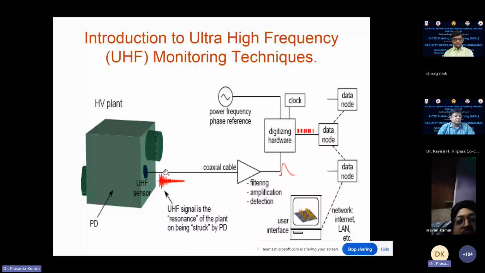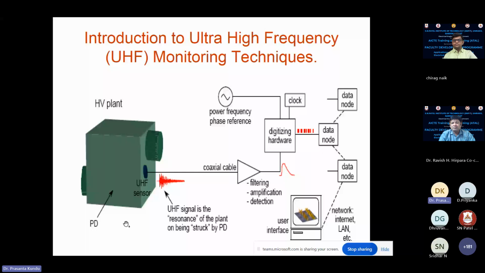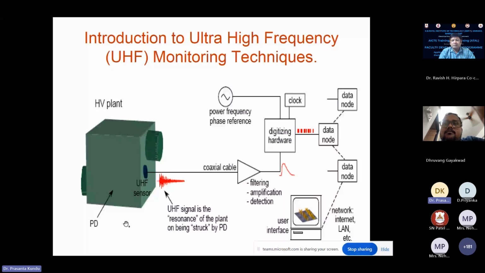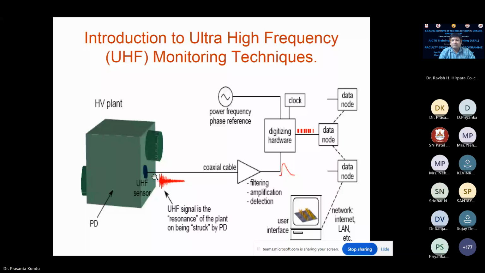So here you cannot put the sensors outside, because if it is a transformer, the total tank will act as an electromagnetic shield, a Faraday cage type. So that's why the UHF signal is measured inside the transformer or through a non-metallic window. This is normally in the range of 300 megahertz, a higher ultra frequency.